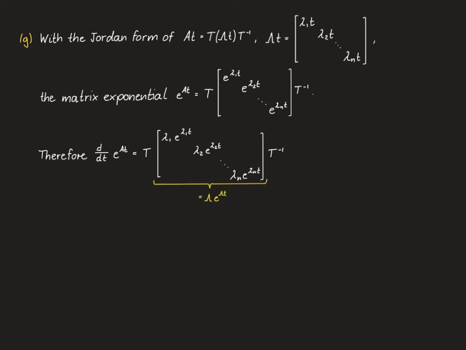Next, observe that this diagonal matrix can be written as the product of two diagonal matrices, namely lambda and e to the lambda t. So with this, what we get is T times lambda times e to the lambda t times T inverse, where we can now insert a T inverse T in the middle between lambda and e to the lambda t, because this expression is just equal to an identity matrix.